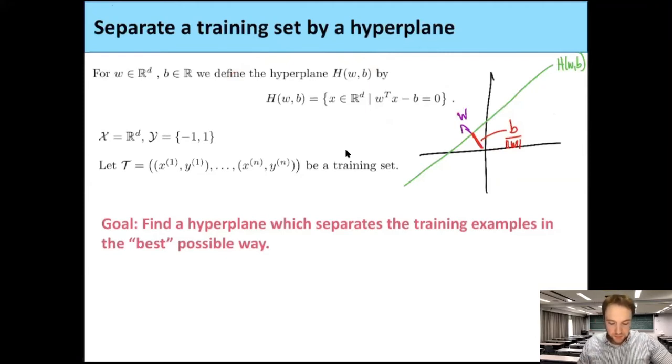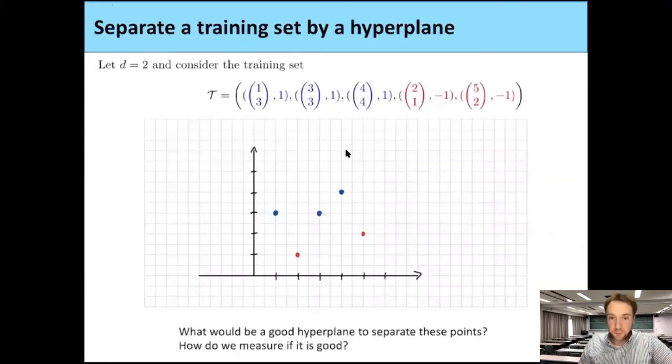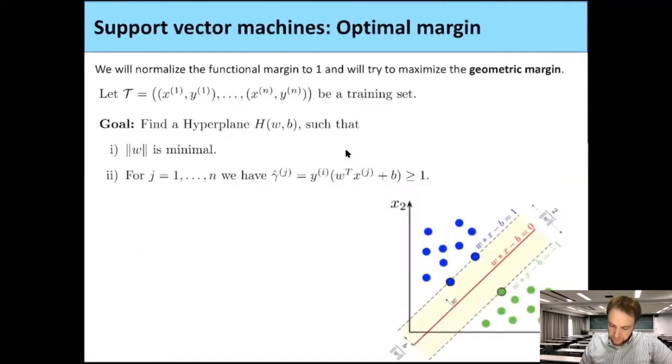Okay. So then the goal is that we want to find a W and B given some training set. So we had this example here, but in the end, we then saw that we want to solve the following problem. Here we have a training set with two labels. Blue corresponds to 1 and green corresponds to -1.